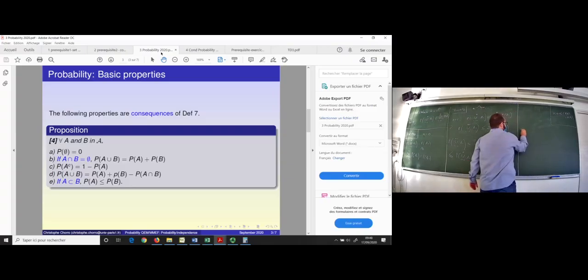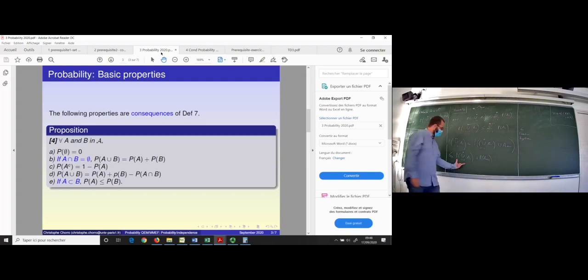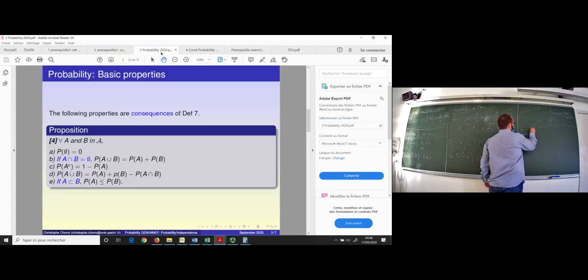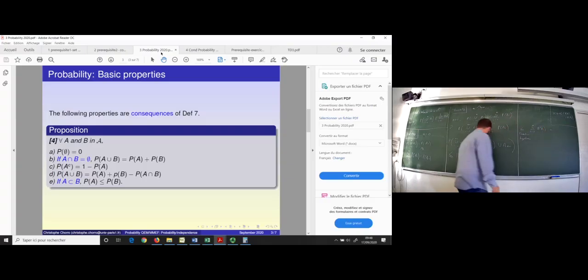So using the induction hypothesis here, this one is less than this one. And I don't have to forget this term.